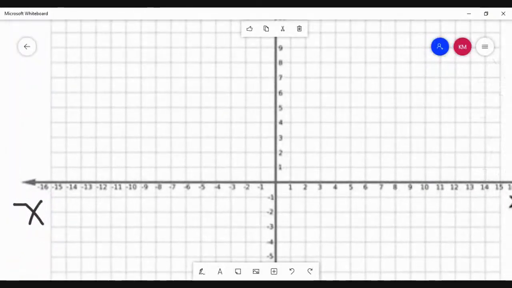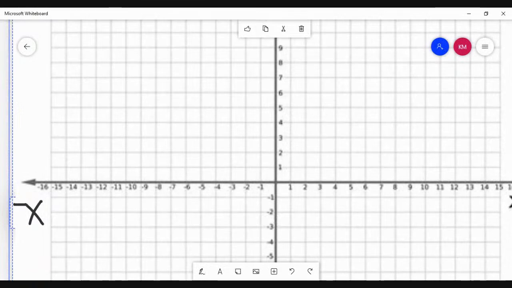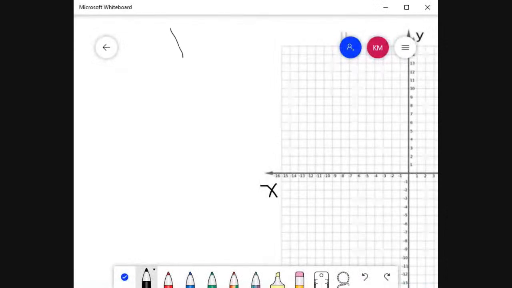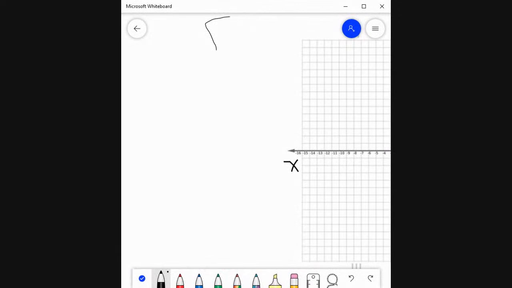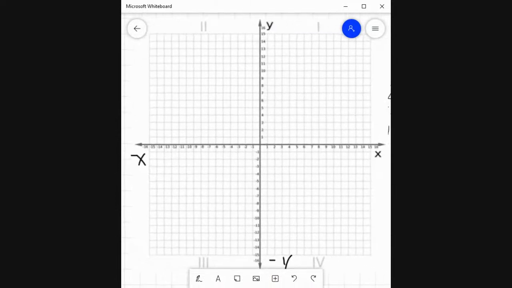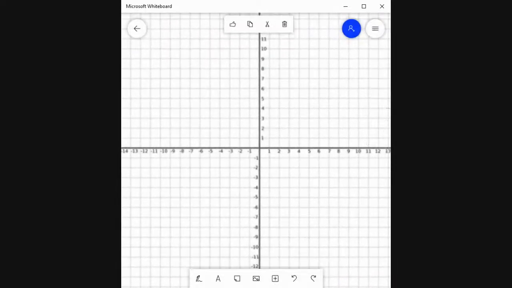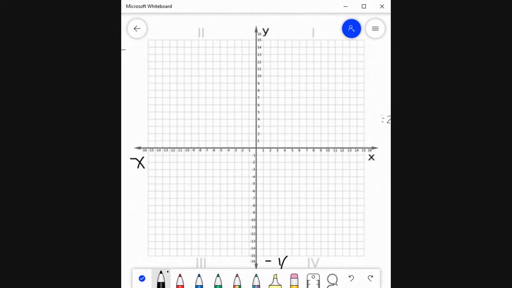Now, much better. Let's try it this way, and then move you over here. It just does not want to be my friend right now, but that is okay.